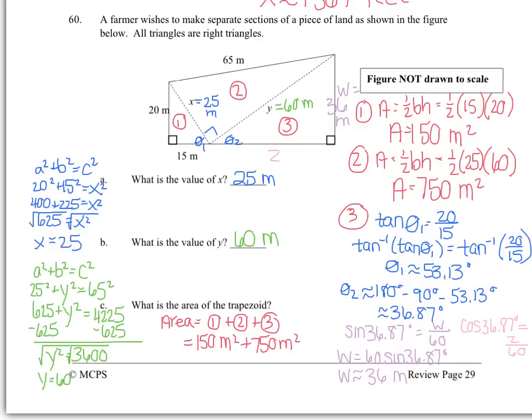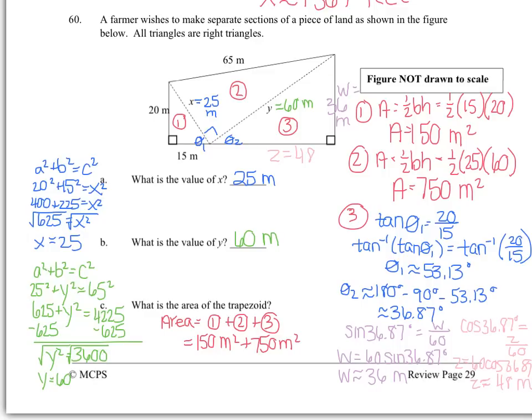I'm going to multiply both sides by 60, so Z is going to equal 60 times the cosine of 36.87. Z is going to equal approximately 48 meters. So we know Z equals 48 meters.